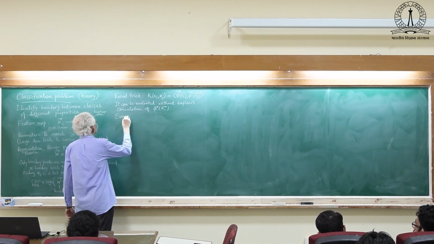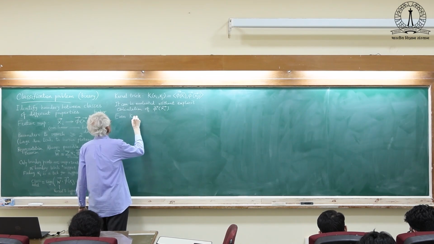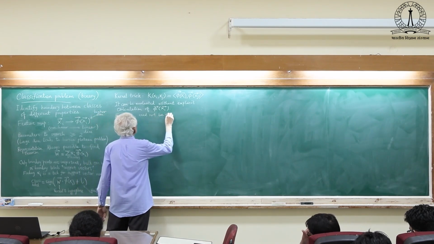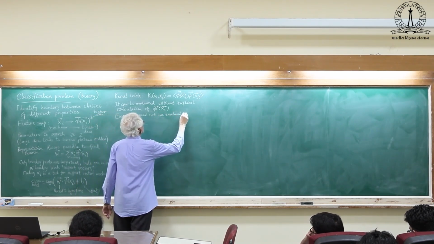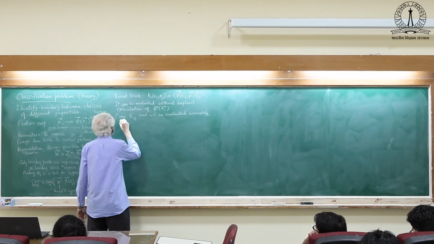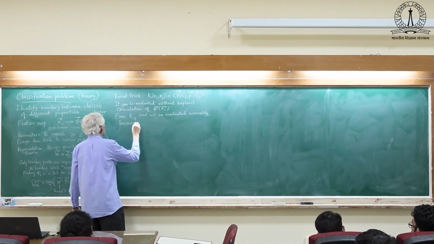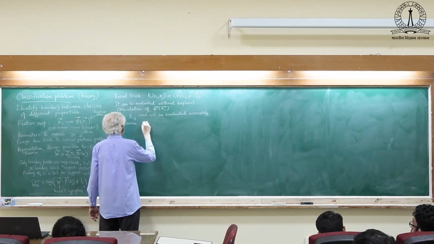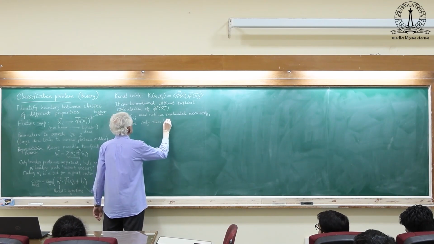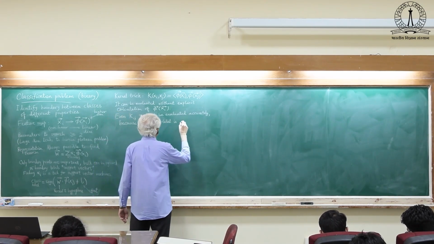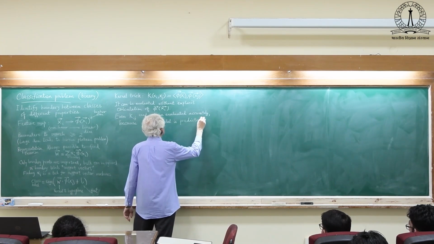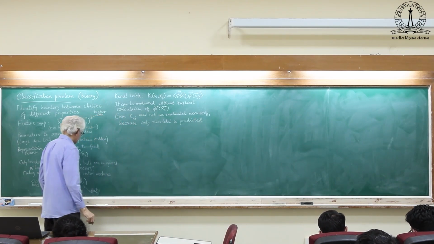that even k, whatever ij, need not be evaluated accurately because only class label is predicted from the algorithm.